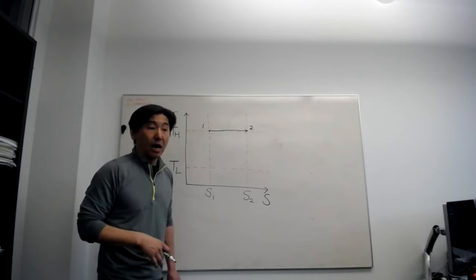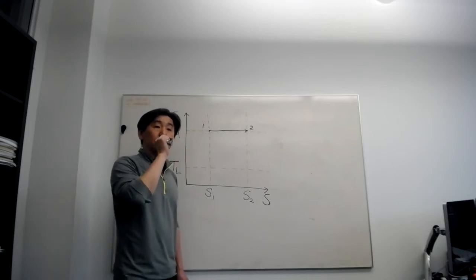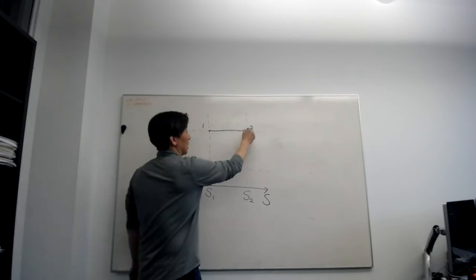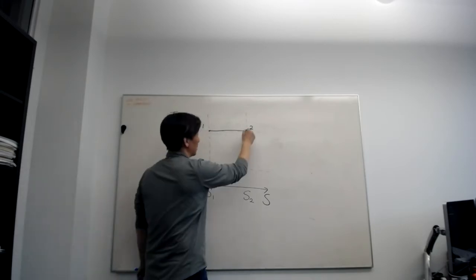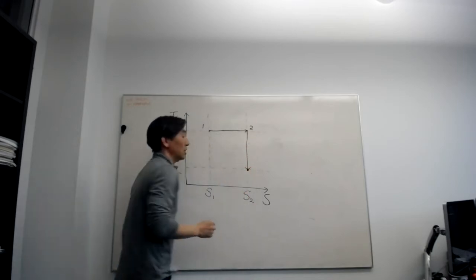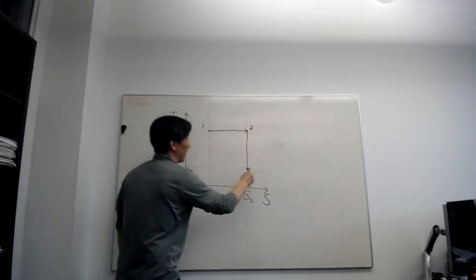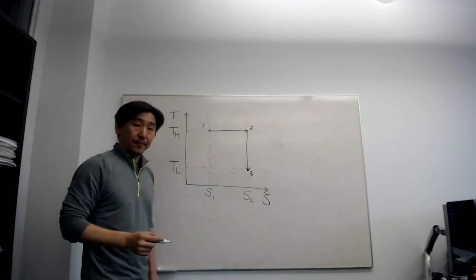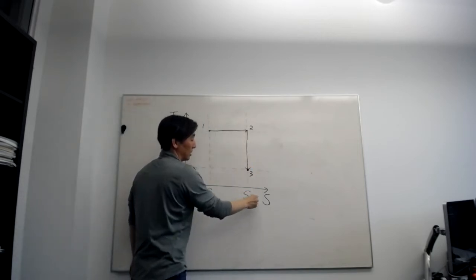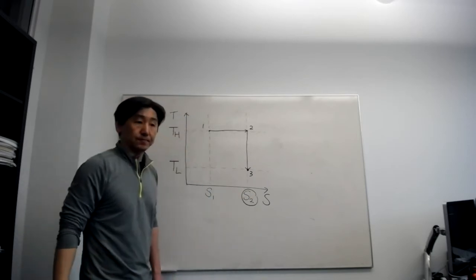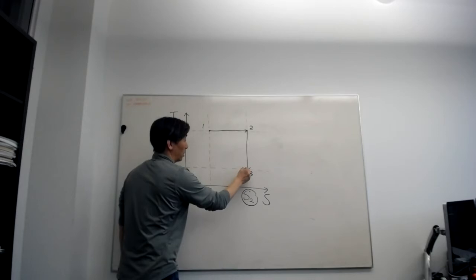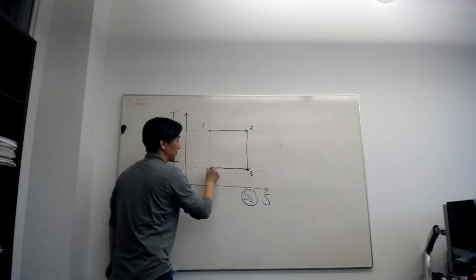Now, when the first process 1 to 2 is done, we have an isentropic expansion process going here. Okay, so that is 2 to 3. During this entire process 2 to 3, we have to maintain the same entropy. Then from 3 to 4, we have the heat rejection process.